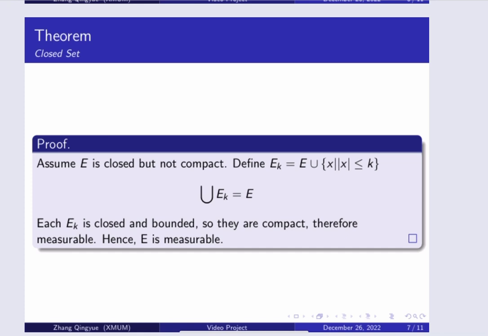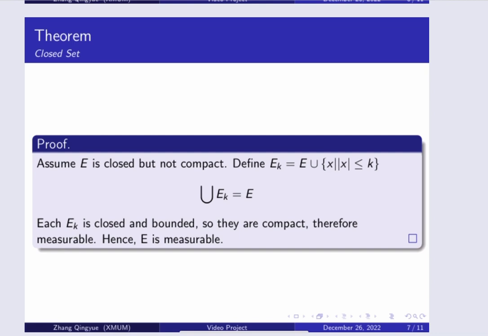We assume that E is closed, but not compact, and we define Ek equals the intersection of E and another set, the set where the absolute value of x is less than or equal to k, and we have the union of all Ek equals E. Each Ek is closed and bounded, so they are compact, and therefore they are measurable.